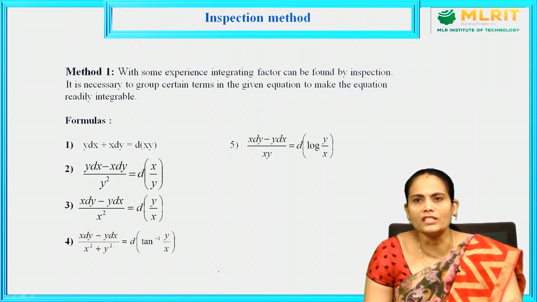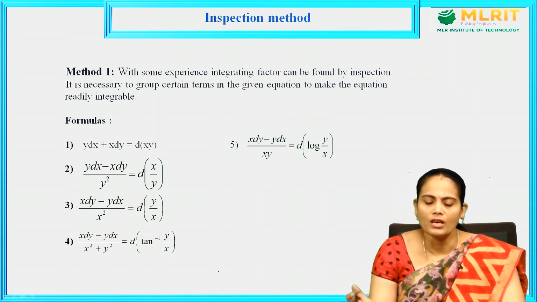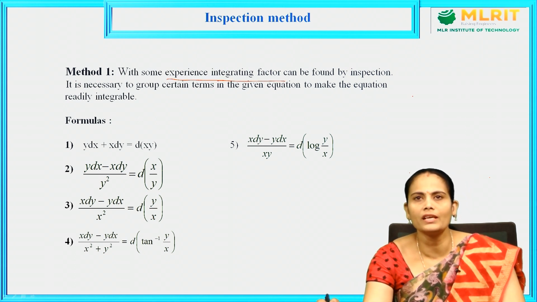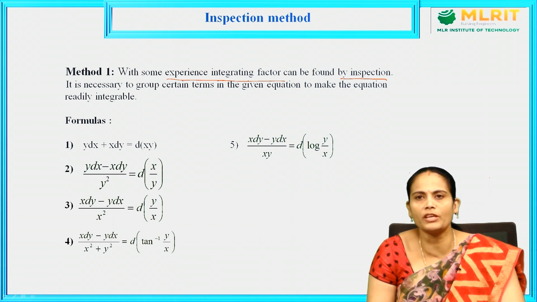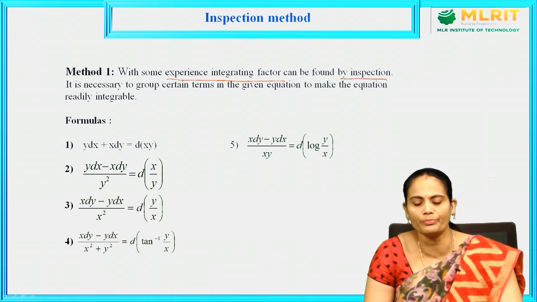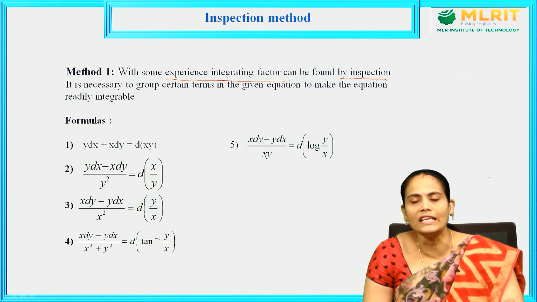So what is the inspection method actually? With some experience, an integrating factor can be found by inspection. That is why we say it is an inspection method. It is necessary to group certain terms in the given equation to make the equation readily integrable.